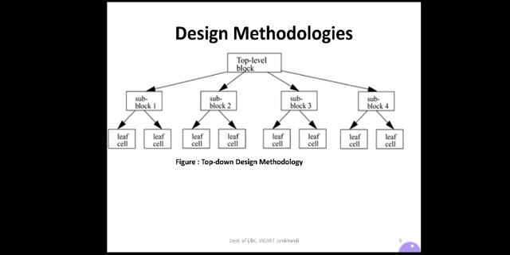Further, each of these sub blocks is divided into leaf cells. The leaf cell is the last cell, which is not going to be further divided. That means it is a very basic cell, the last cell within the design methodology. So the figure shows the top down design process.